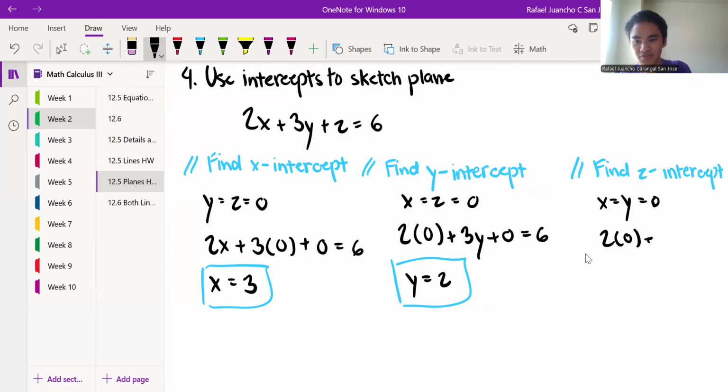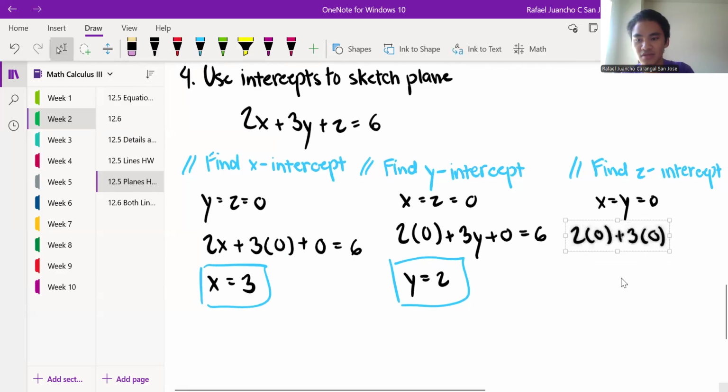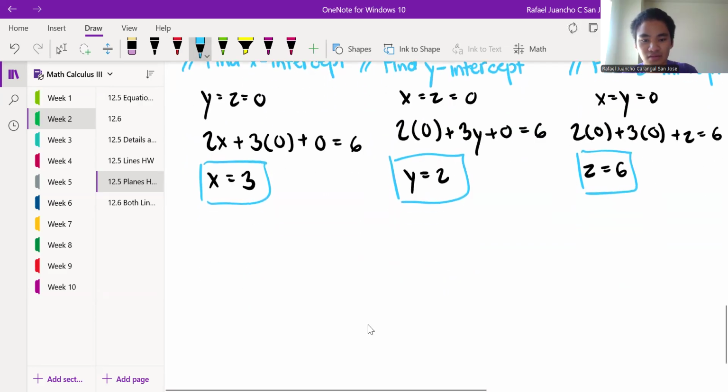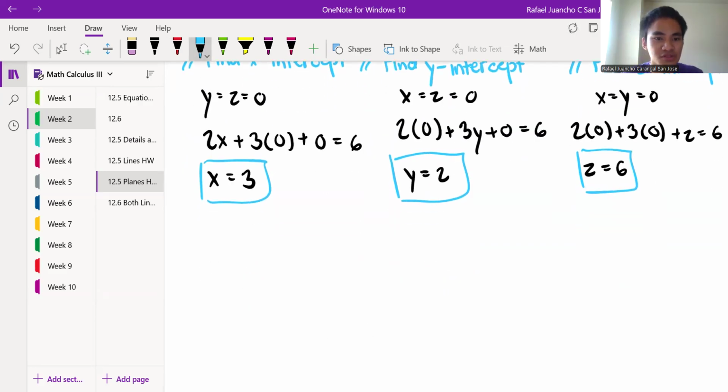So 2 times 0, 3 times 0, plus z equals 6. Oh, z is 6. That's it. There we go. So now if we plug those numbers in, x is 3, y is, I believe, 2, z is 6.